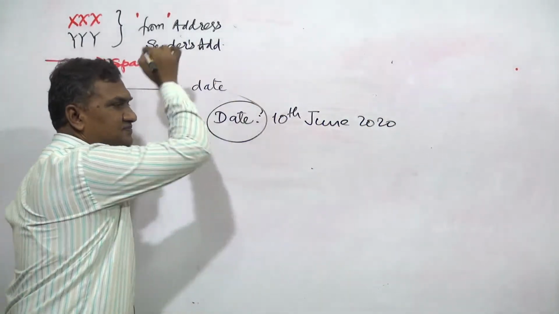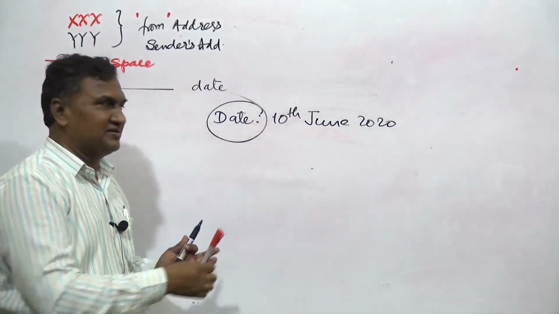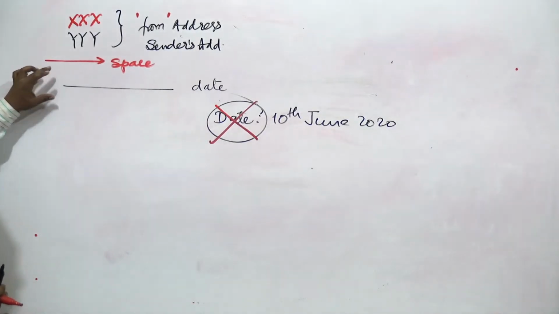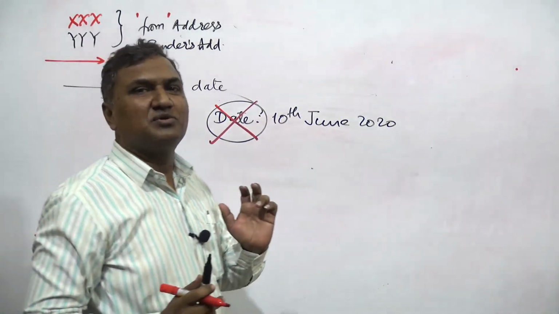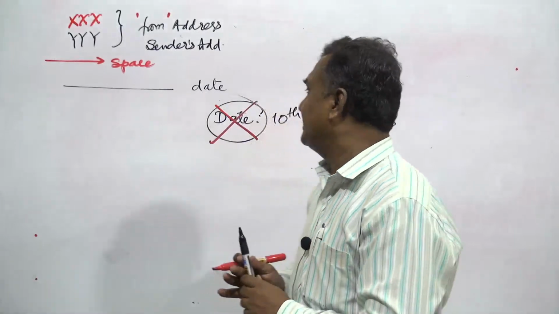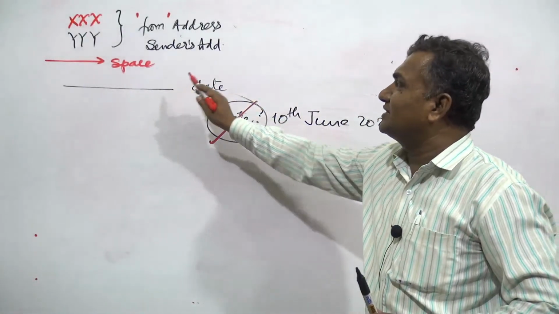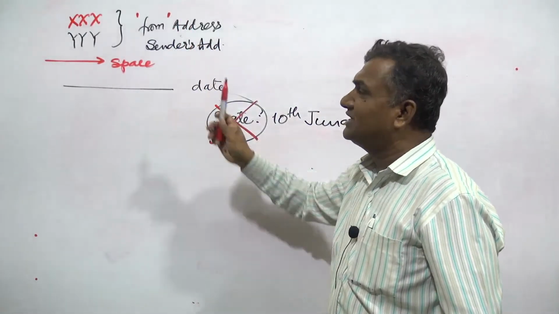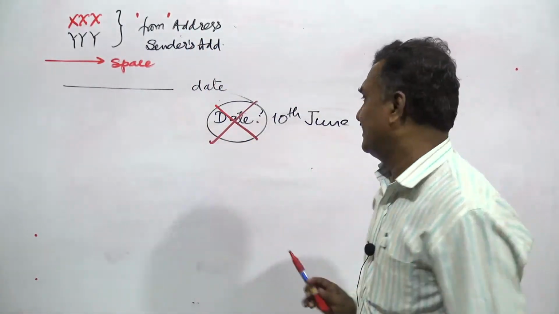This part is undesirable, unnecessary. The number that you write here is supposed to be the date only. This is the date line. Between the from address and the date line, you have to leave one line.